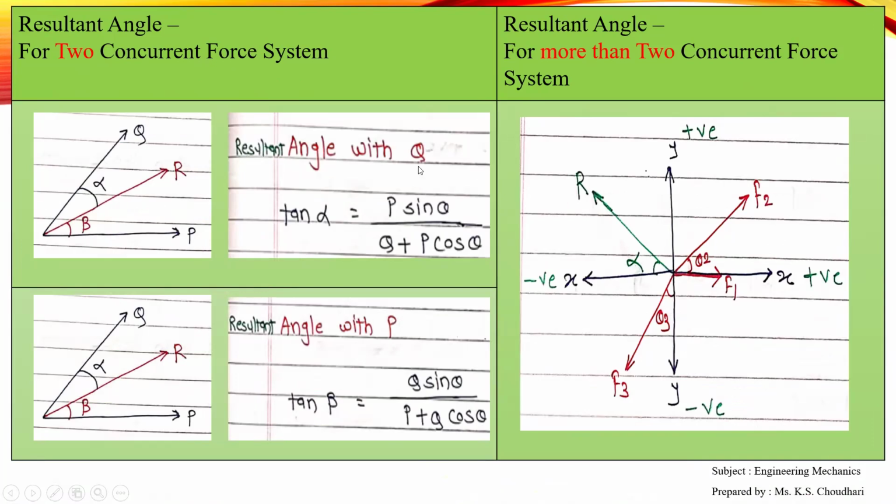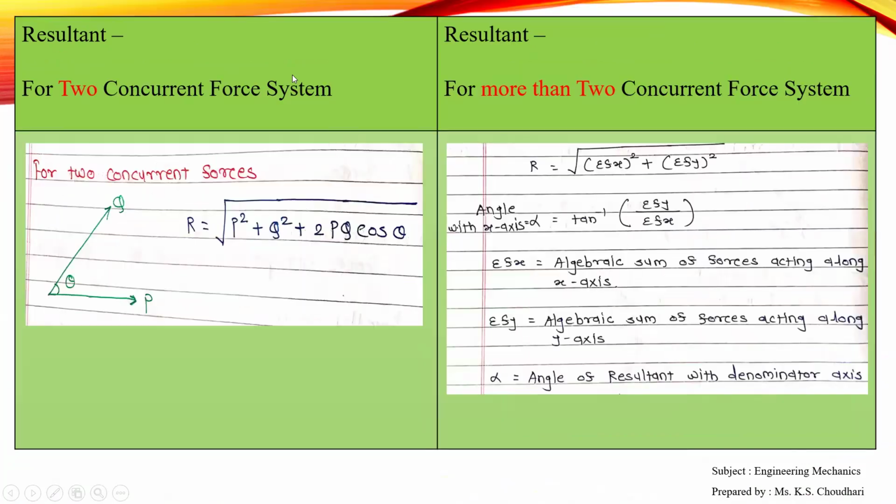Angle with respect to Q, that is tan alpha, is equal to P sin theta divided by Q plus P cos theta. And angle with respect to P, the formula becomes tan beta is equal to Q sin theta divided by P plus Q cos theta. Okay, this is the formula and overall angle calculations for a two concurrent force system.